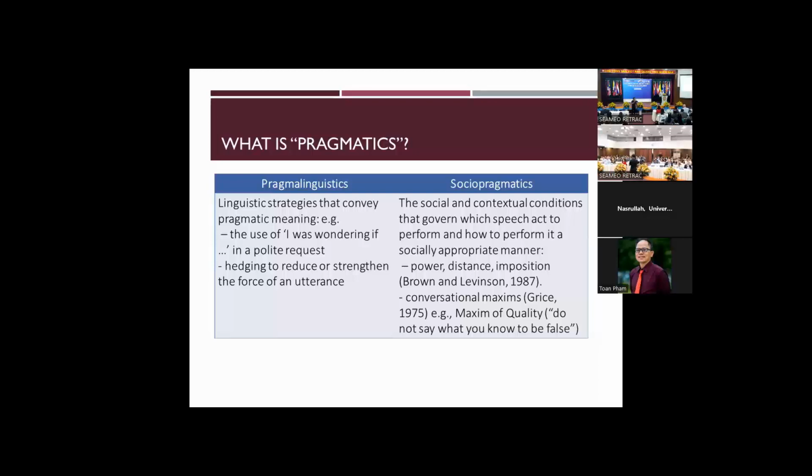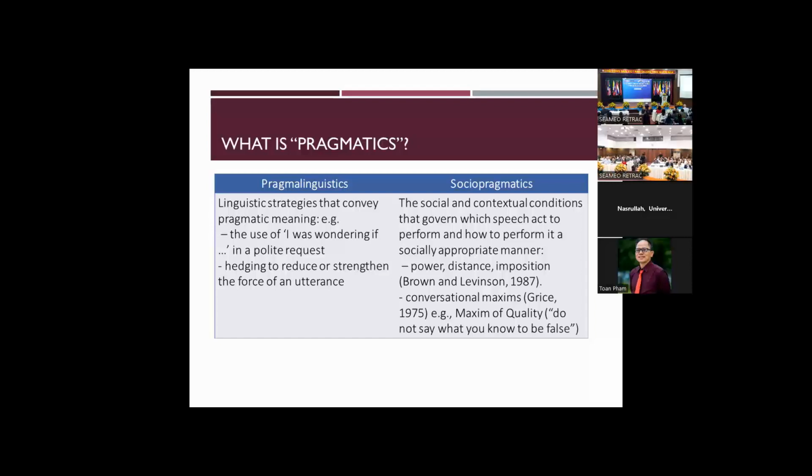First of all, what is pragmatics? When researchers talk about pragmatics, they make a distinction between two aspects of it, what they call pragmalinguistics and what they call socio-pragmatics. Pragmalinguistics really refers to the knowledge of the language that you can use in order to behave pragmatically.